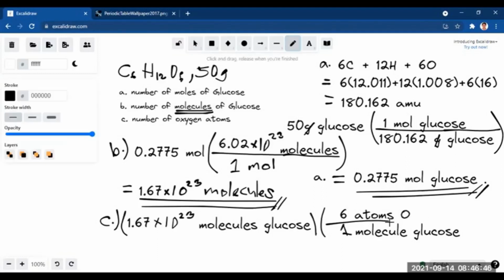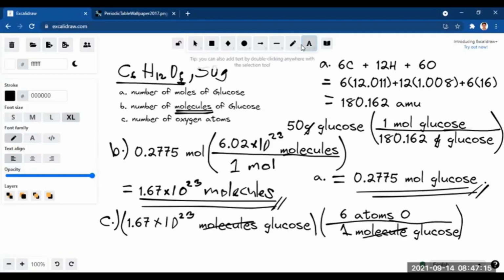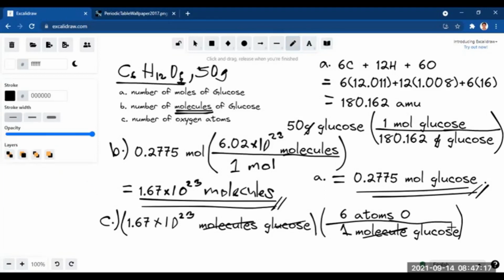If you're wondering where the 6 came from, it's from the molecular formula C6H12O6. In one molecule of glucose, we have 6 atoms of oxygen. That's why the formula looks like this. Then the molecules will cancel.